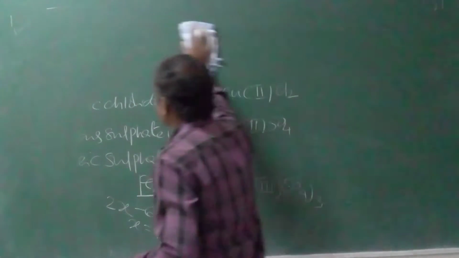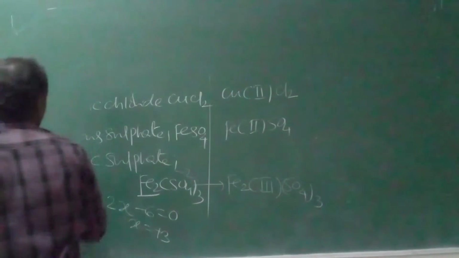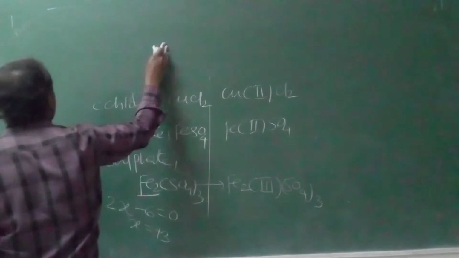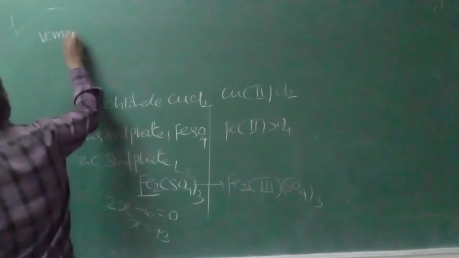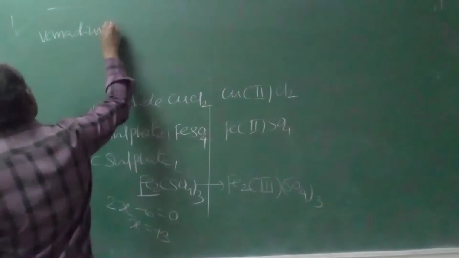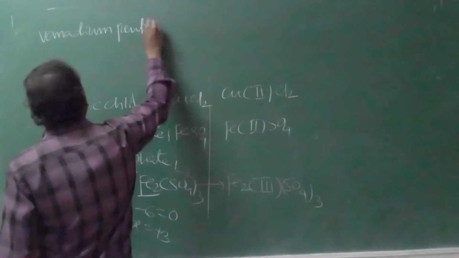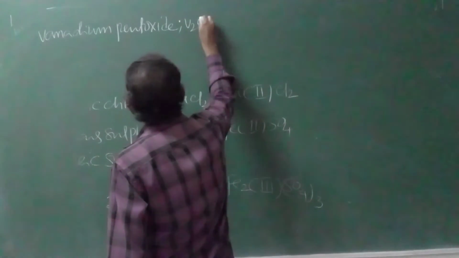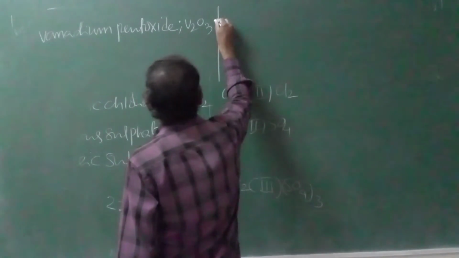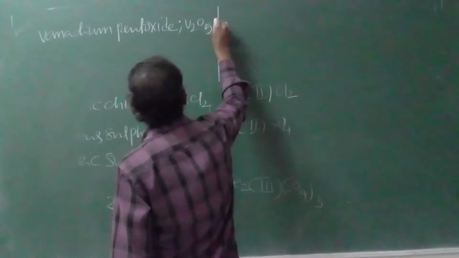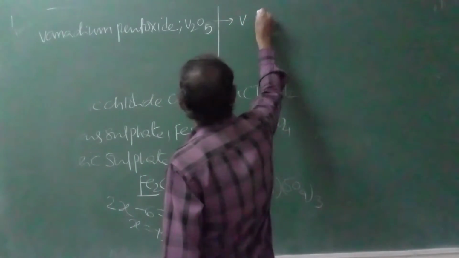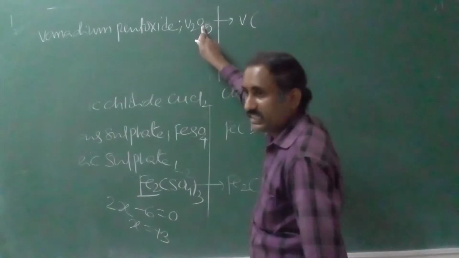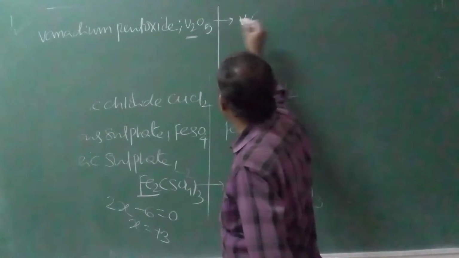Next, vanadium pentoxide. Formula V2O5. Stock notation: after we calculate the oxidation state of vanadium, we get +5.